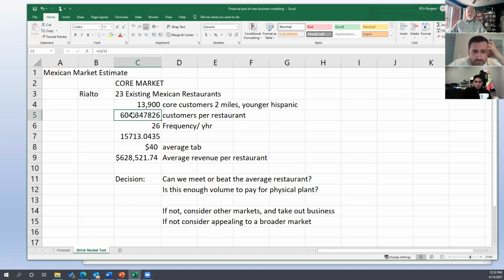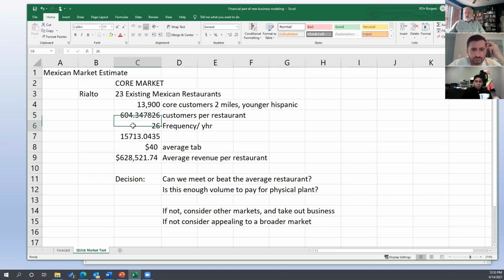So what I did here is simply multiply that times $23 average ticket. So you're going to have some singles, a lot of doubles, and occasionally more. And so if you're figuring $10 to $13, we'll call it 23 bucks, and it comes out to $604,000.